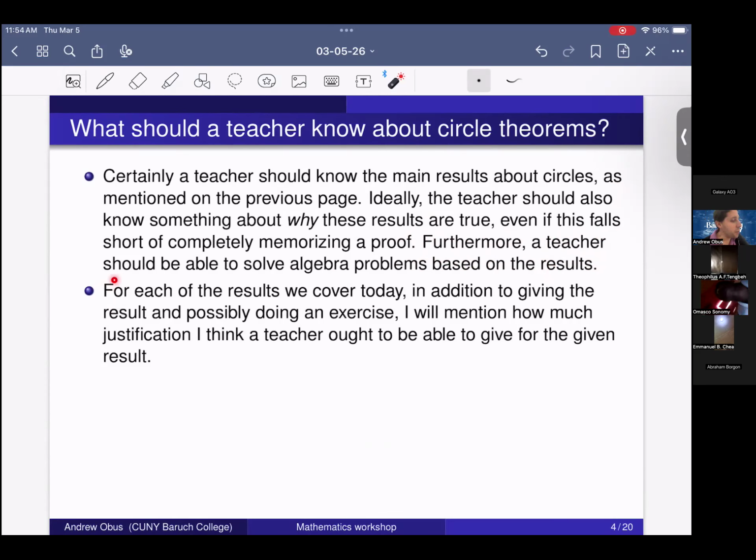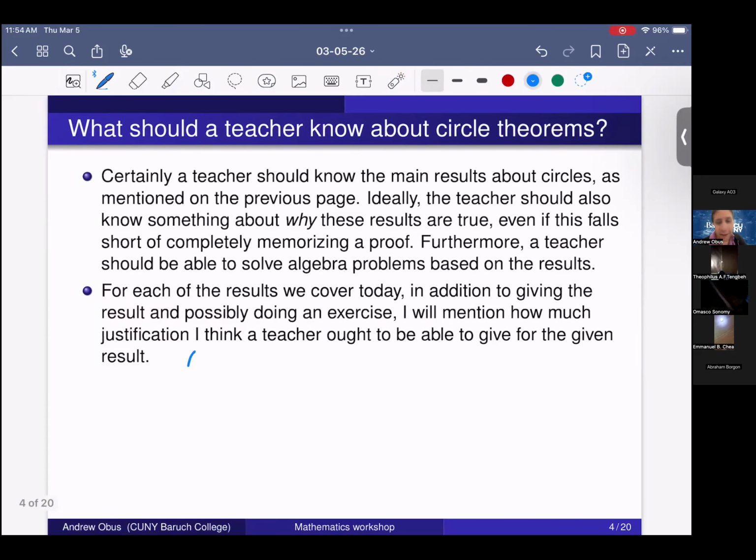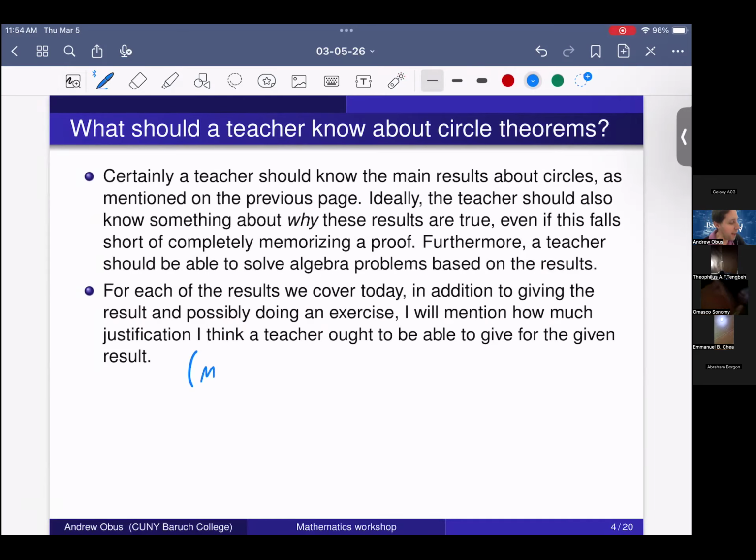And so for each of the results that we cover today, in addition to giving the results, and occasionally we'll do an exercise, I'm also going to mention how much justification I think a teacher ought to be able to give for the given results. So again, this is not the word of God. This is my subjective opinion.